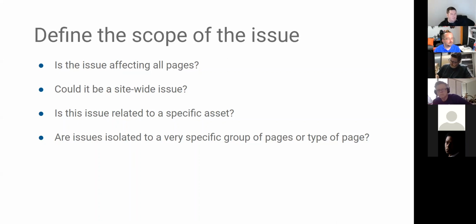You might see a group of pages that could be affected, or maybe you have a specific page type, like I just shared, that has that JavaScript asset on it, and you're seeing that those types of pages are impacted. So I think defining the scope of the issue is probably the most challenging thing. Is this a server issue? Is this a page-specific issue? Is it affecting a particular group of pages? But once you have that defined and scoped out, then you can really start going to work.